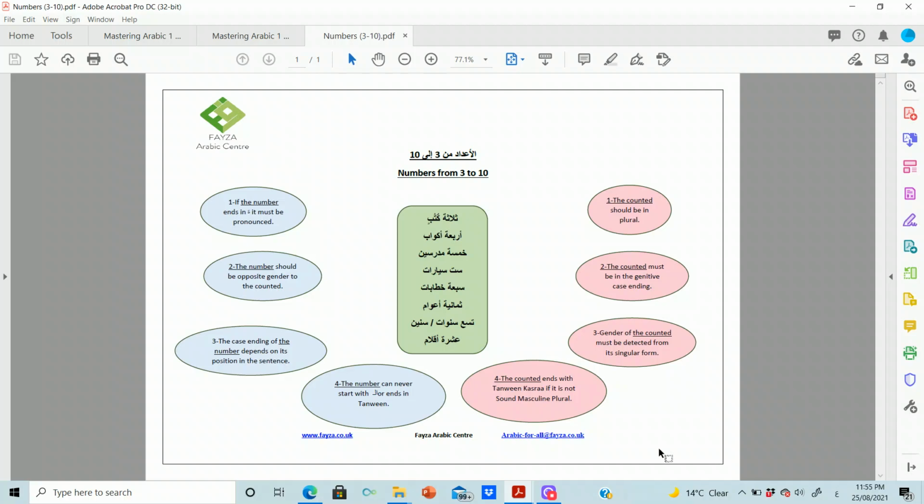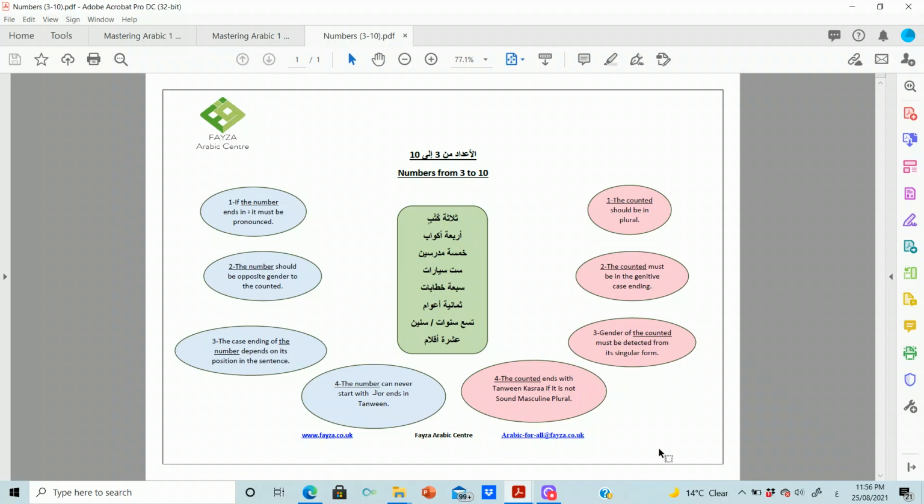And خطابات is one of them. خطاب is masculine, but the plural is using the ending of the sound feminine plural. So if I rely on its plural form to decide its gender, I can very easily be deceived, and I would think that this is a feminine word, but it's masculine. Why? Because its singular is masculine. And this is why سبعة comes as feminine.